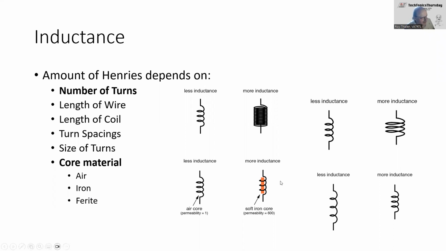One of the things you have to be careful of is, if you put a lot of current through them, they'll heat up. And if the ferrite material gets hot, it loses some of its characteristics and doesn't work as well.